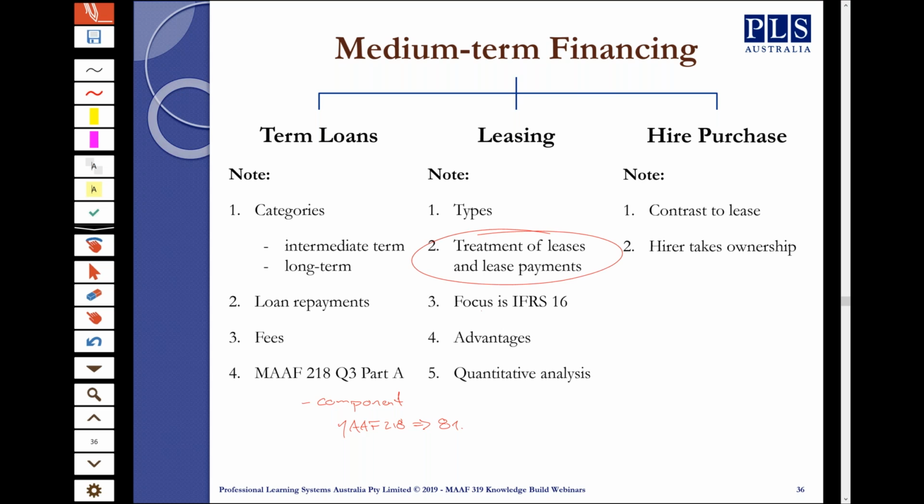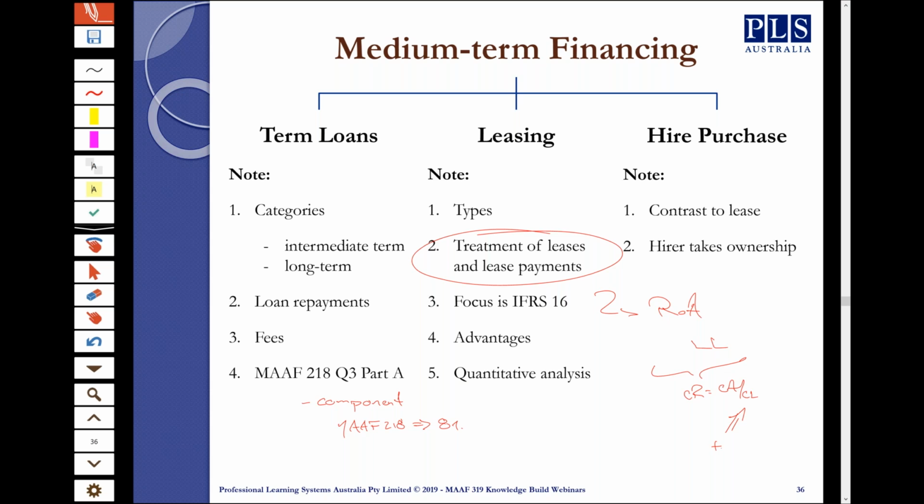Basically, all I mean by the treatment of the leases and lease payments, I would like to think that even if you haven't done your FIN module as yet, you'd book a right of use asset, book a lease liability. If I asked you how does that affect your current ratio, I'd like to think you remember current ratio is current assets over current liabilities. So your lease liability would add to your current liability, therefore worsening your current ratio.